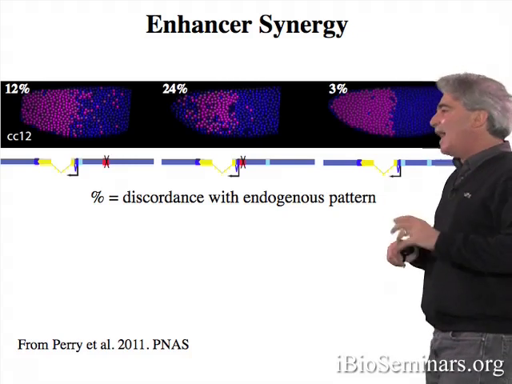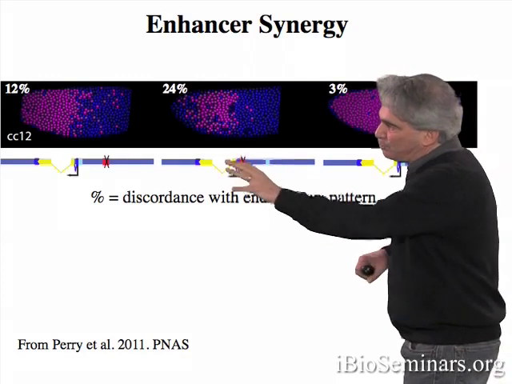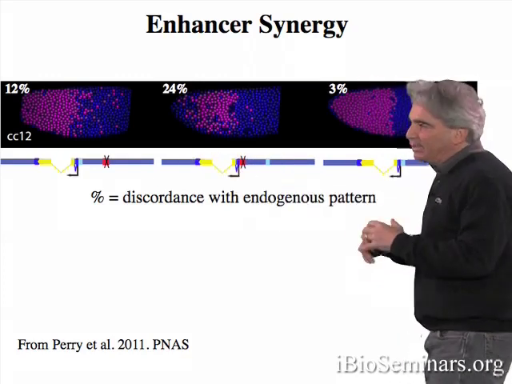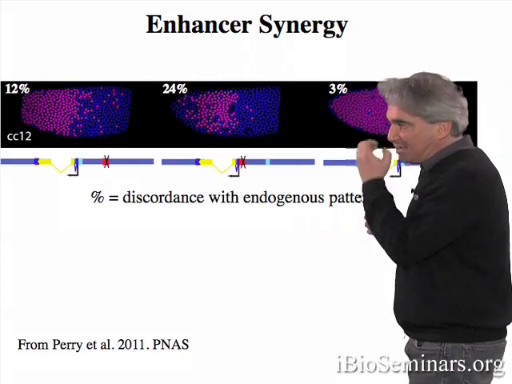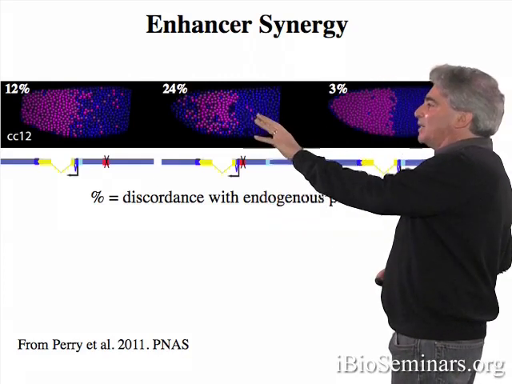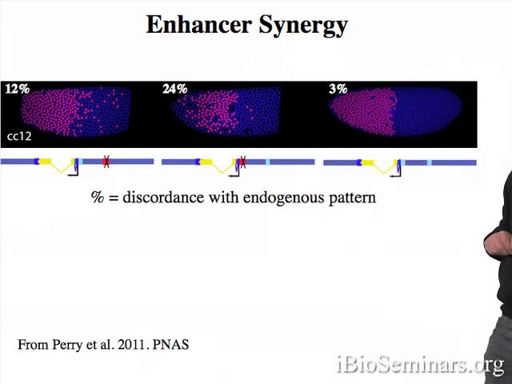So this is very early activation in response to the gradient. And you can see in the first two panels, the left and the middle panel, the patterns are erratic and the border is indistinct, and there's even ectopic expression outside the normal limits of the hunchback transcription pattern.